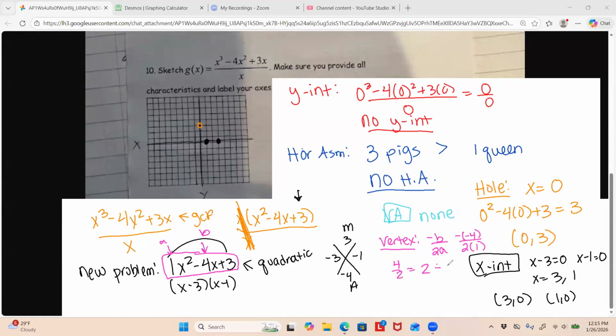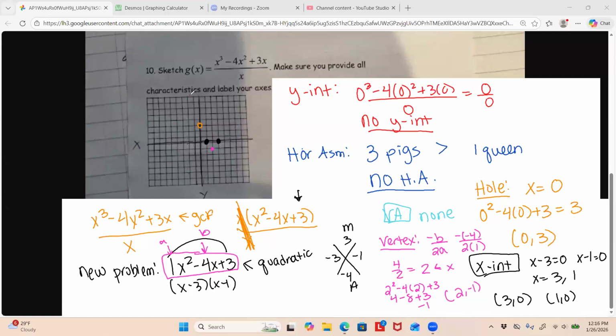Now that's the x of our vertex. Now plug 2 back into the function to see the y. So that would be 2 squared minus 4 times 2 plus 3. So that's 4 minus 8 plus 3, so that's negative 1. So our vertex is going to be (2, -1). So you don't always have to do that, but since it was a quadratic, I liked to know where the vertex is. So we're going to come over 2, down 1.